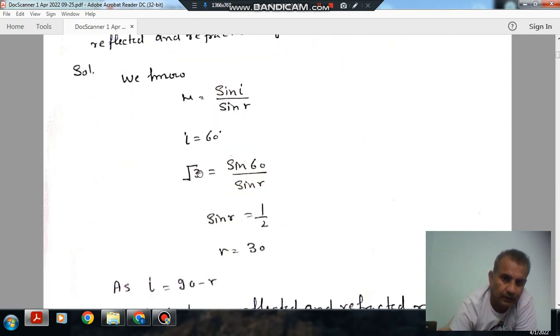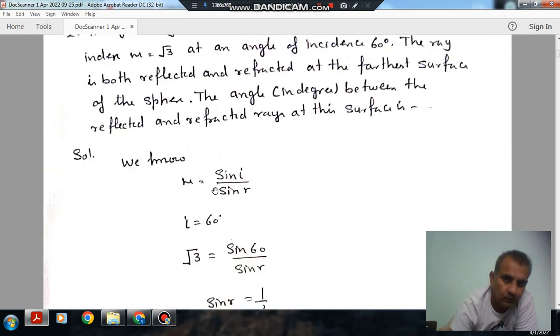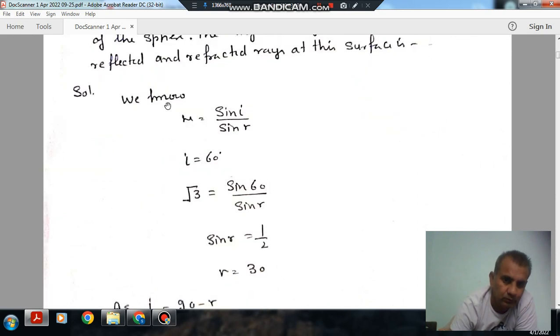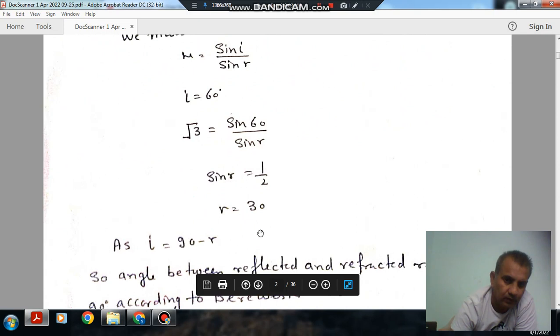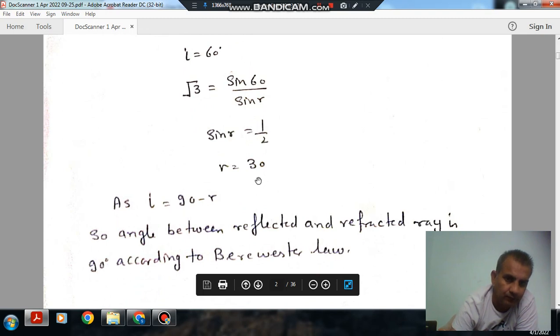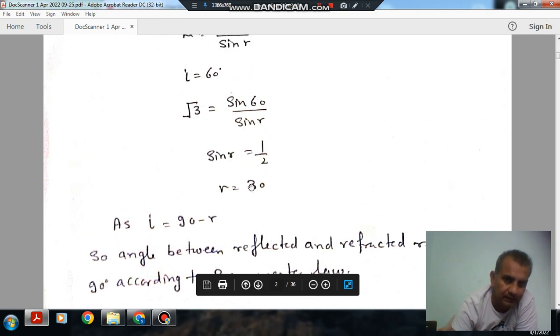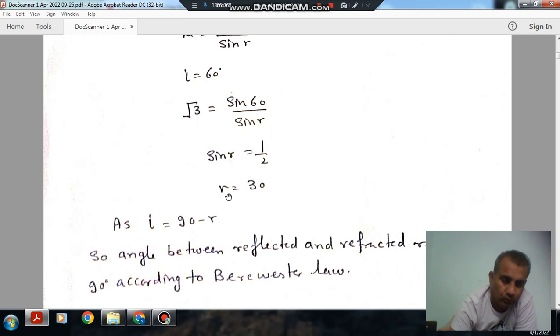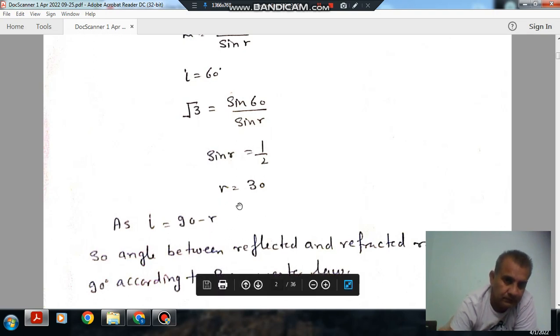The incidence angle is given as 60 degree and the refractive index is root 3. So we can find that r comes out as 30, since sin r is 1 by 2. From this we have i plus r as 90. So from Brewster's law, the angle between the reflected and refracted rays will also be 90.